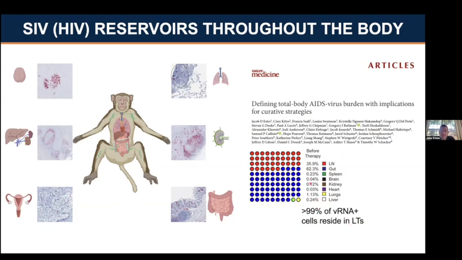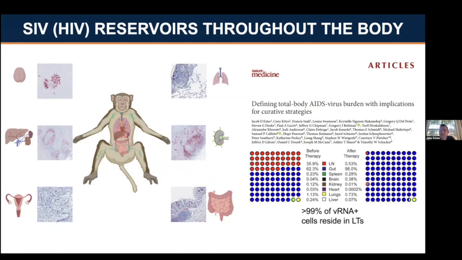So while we're able to see infected cells within the brain, the liver, the heart, and other organ systems, they actually contributed very minorly to the total body burden.